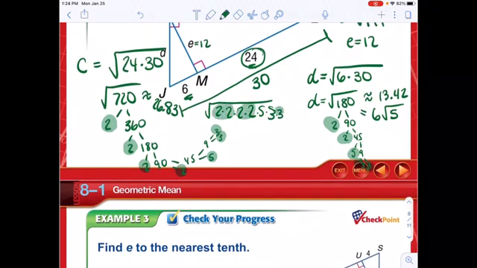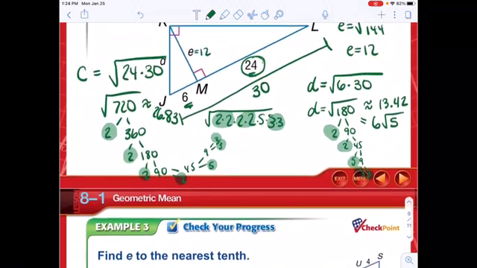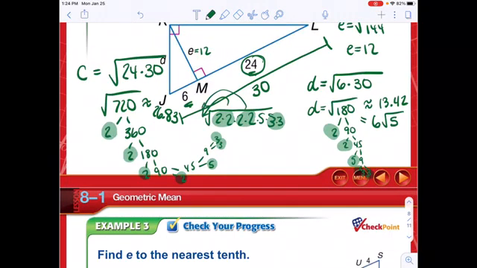Find groups of 2. Pull them out front if we can. So 2 times 2 times 3 should be 12, I do believe. So 12 root 5 is actually equivalent to the square root of 720.